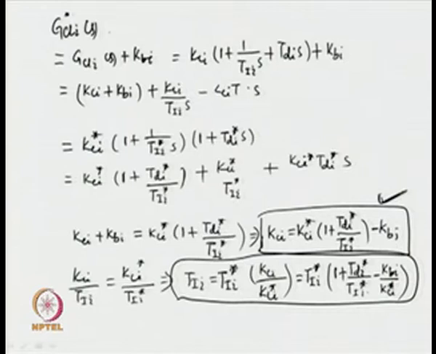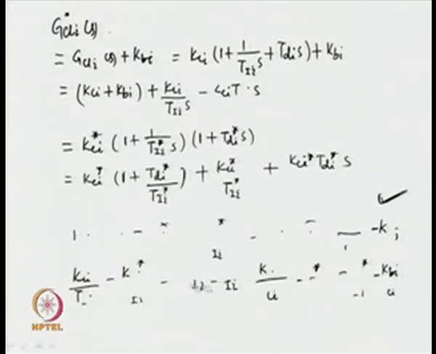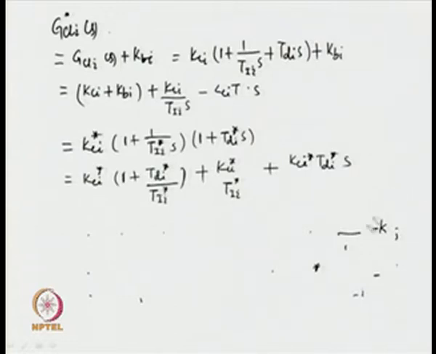Similarly, comparing further the remaining terms of the two realizations, it is not difficult to obtain the relations between the derivative time constant parameters of the two controllers. Here we have seen Kci Tdi star.